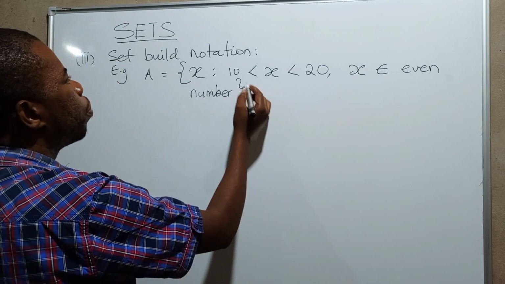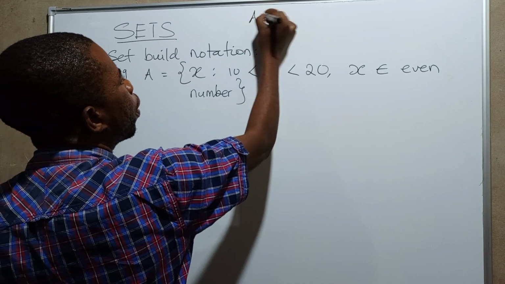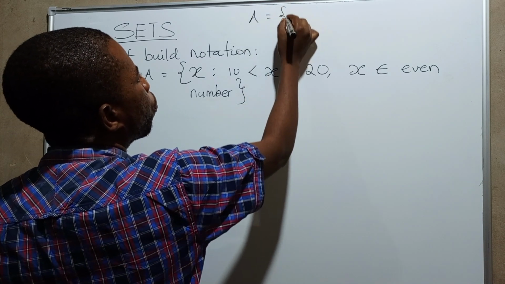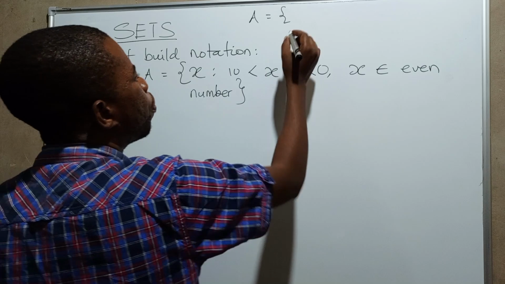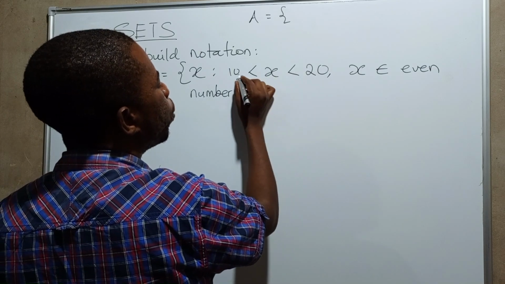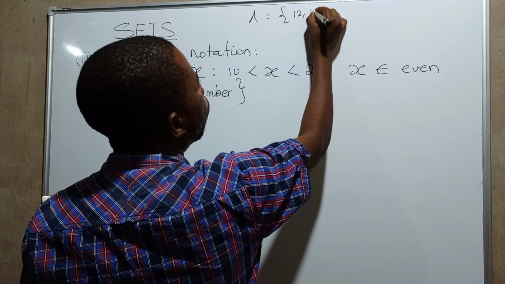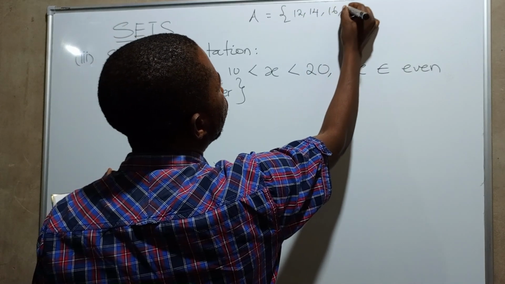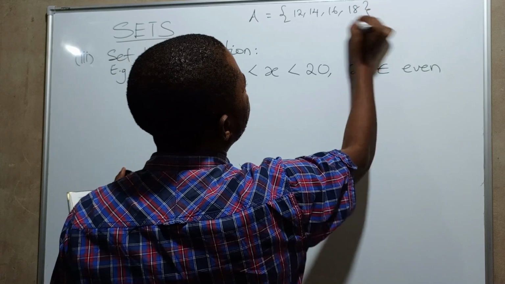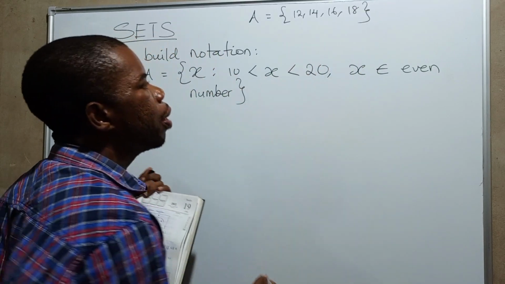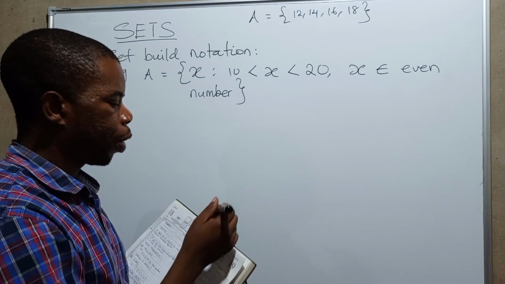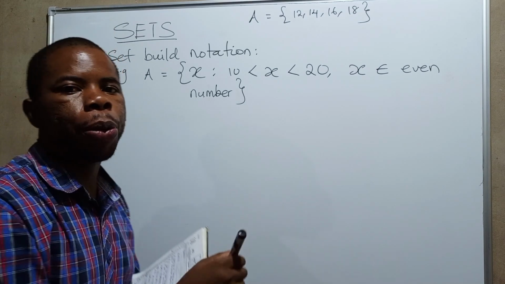When I do like this, I've just also stated even numbers between 10 and 20, which are the same: 12, 14, 16, and 18.